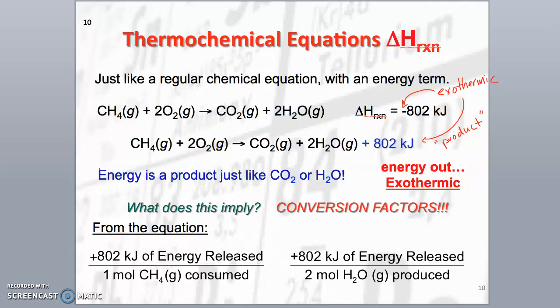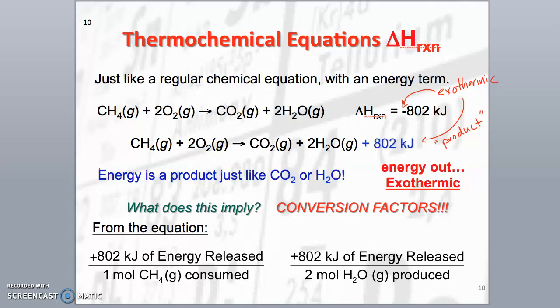So if energy is being given off, that would suggest that the energy is a product of this reaction. So I can write it in on the product side. And the value is positive now because it's on the product side. We know that that's being produced or given off. So that's why the value is positive 802 kilojoules in the reaction. So we're just treating it like it's a product.